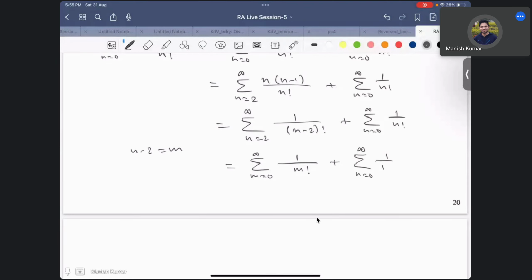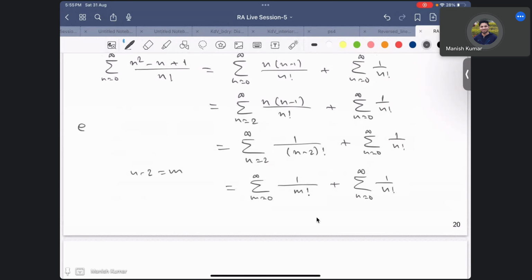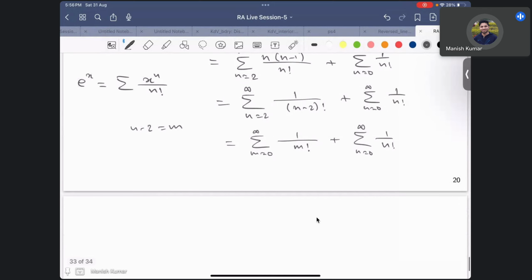Now you remember that the exponential e to the x is given by the summation of x raised to the power n upon n factorial. This is the formula for the exponential. If you put x equal to 1, you will get e to the 1 is the summation n equal to 0 to infinity of 1 by n factorial.